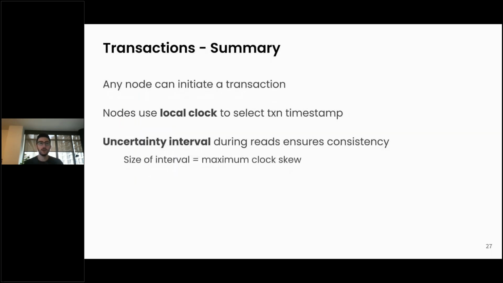So to summarize, right off the bat, I think it's clear why Cockroach would be interested in better clocks. The tighter the clock offset bounds, the smaller these uncertainty intervals during transactions are. And so smaller uncertainty intervals mean that fewer transactions will restart, and under contention, transactions can have higher throughput.